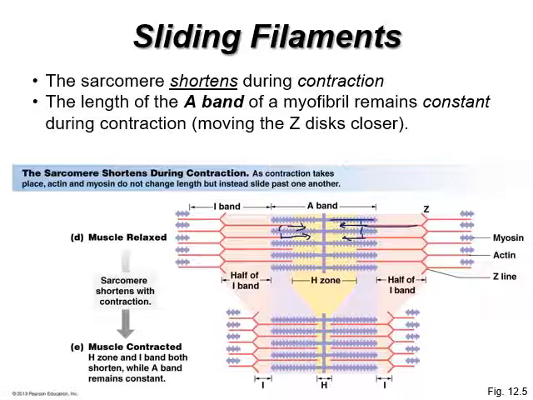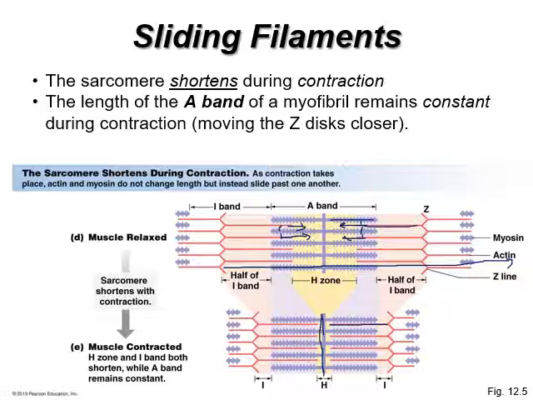Basically, the actin is sliding across those myosins to move closer to that M line. Okay, so we bring it closer. Remember, the muscle is just a repeating continuation of the sarcomeres, all the way down the line.